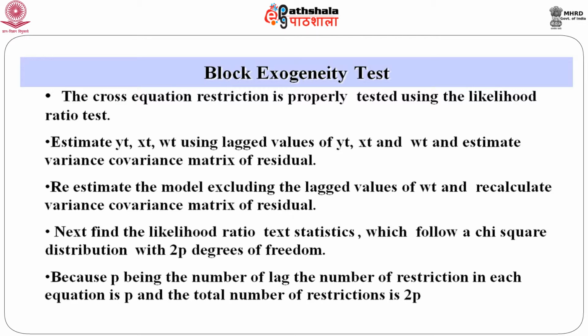In the next stage, re-estimate the model excluding the lag values of Wt and recalculate the variance covariance matrix of the residuals. Next, calculate the likelihood ratio statistic, and this likelihood ratio test statistic should follow a chi-square distribution with 2p degrees of freedom, because p being the lag length, the number of restrictions in each equation is p and the total number of restrictions in the system turns out to be 2p.